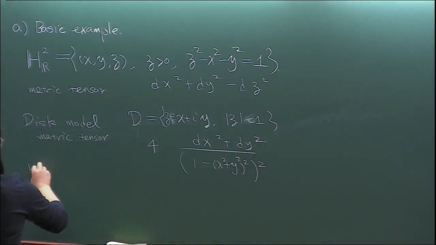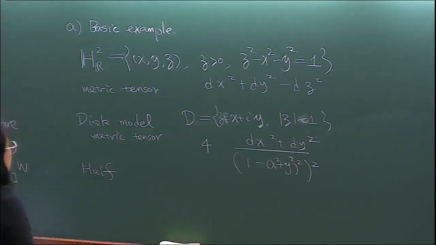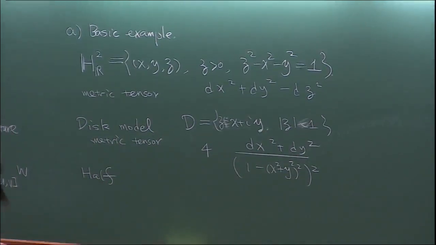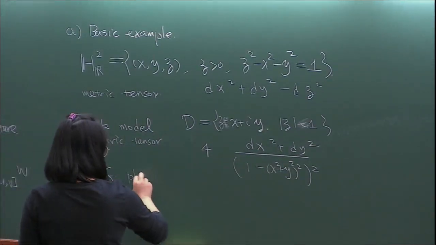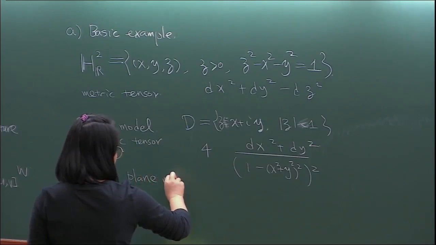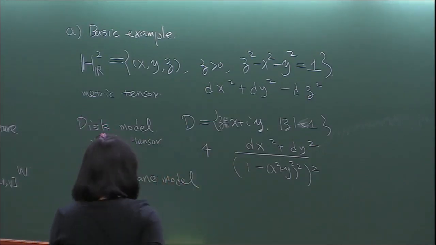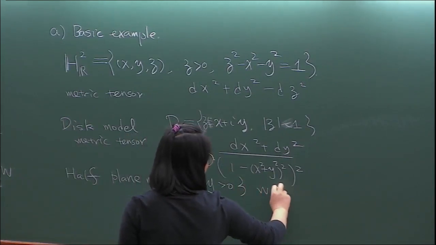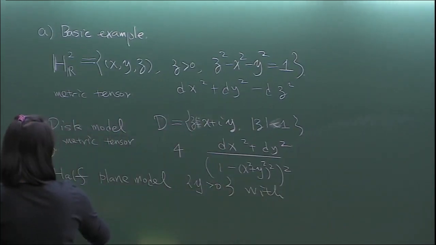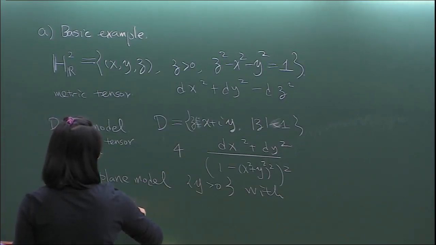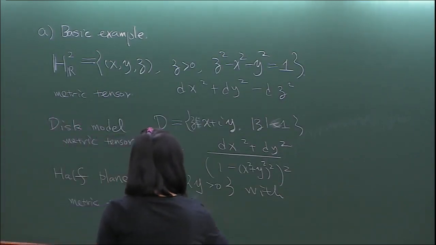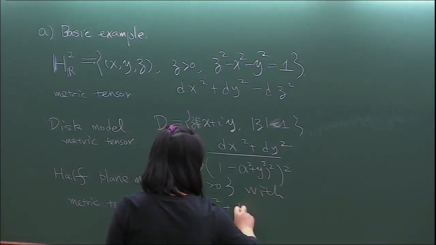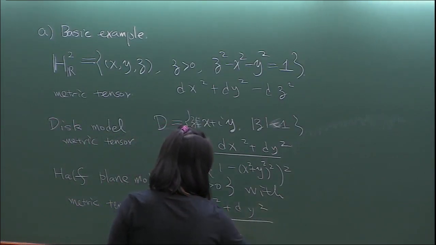And it's the same as if you talk about the half-plane model, y greater than 0, with the metric tensor given by dx squared plus dy squared, divided by y squared.